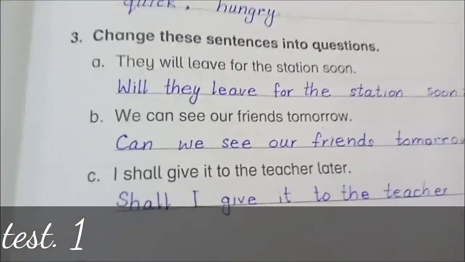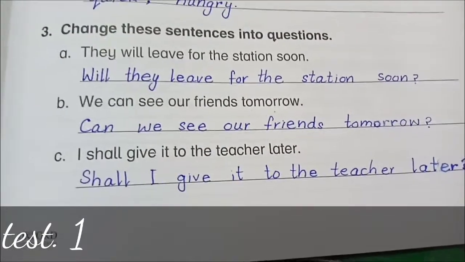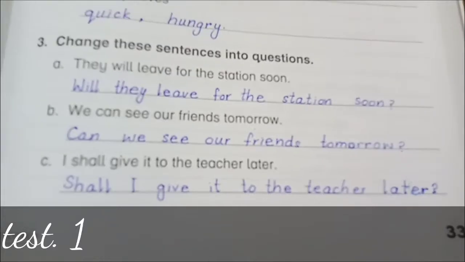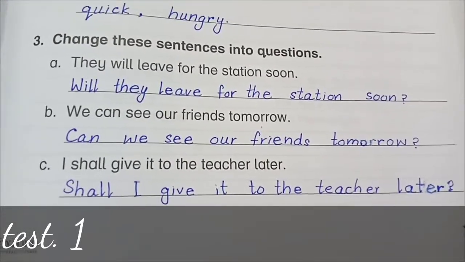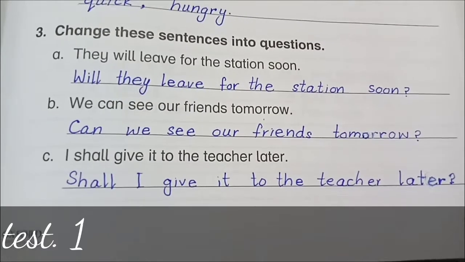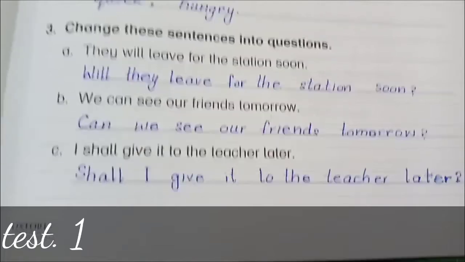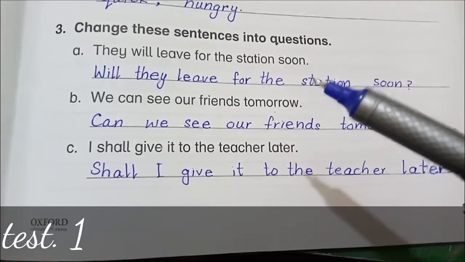Question number 3. Change these sentences into questions. So students, as you know, the formation of a simple sentence in English is subject first, then verb, and then object.